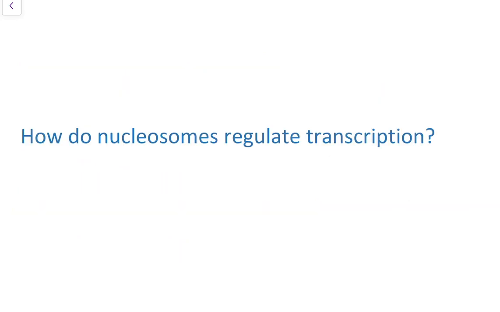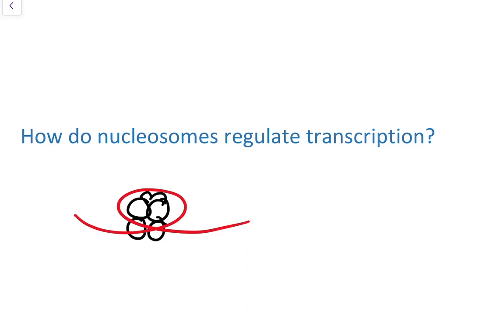The final thing that we'll look at is the idea of regulation at the level of nucleosomes and epigenetics. So how do nucleosomes regulate transcription? If you remember, nucleosomes were the 8 histone proteins around which we wrap DNA.